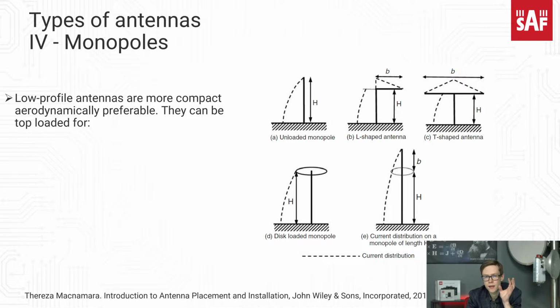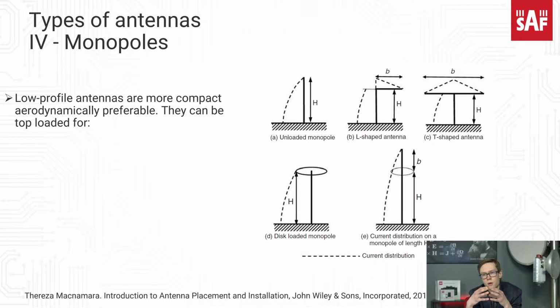So we put an additional element on top, and we make the electrical length larger than the physical length. This top loading allows us to keep the physical dimensions smaller, but electrically it will conform to the selected frequency and to the selected parameters, and we are not going to sacrifice our performance, right?